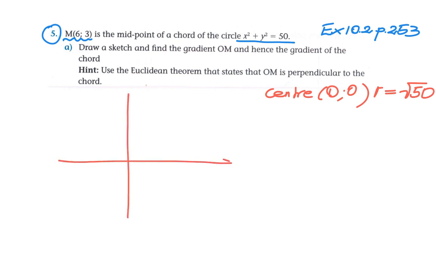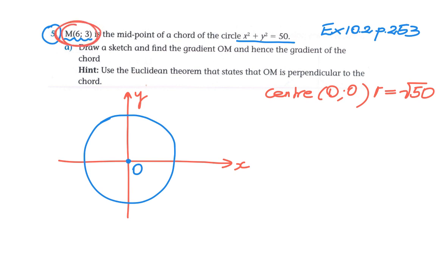So I will need to draw firstly a circle on the Cartesian plane, x and y. I have a circle with a center at 0, 0, and somewhere along the chord I will have this point 6, 3. Now, where will this point be? Obviously, in the first quadrant of my Cartesian plane.